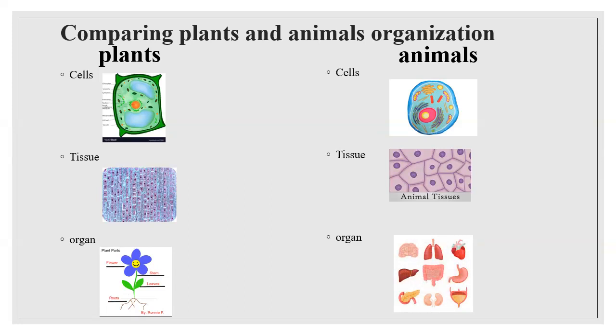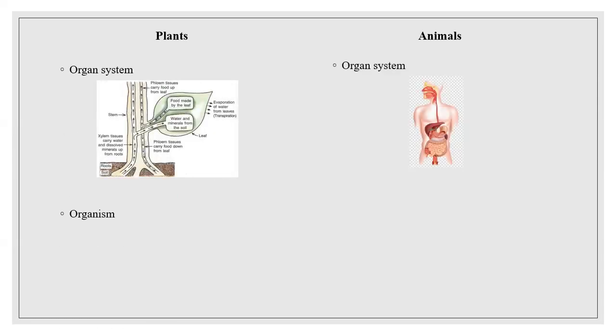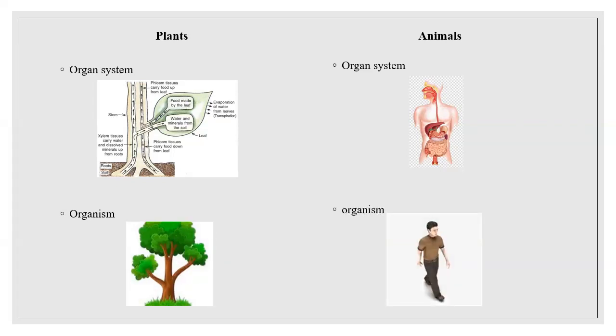Plants are less developed, less complex organisms, so their organ systems are also less developed and less complex than those of animals. There are two organ systems that we will discuss in our next lecture, and they are the transporting system and the transpiring system.